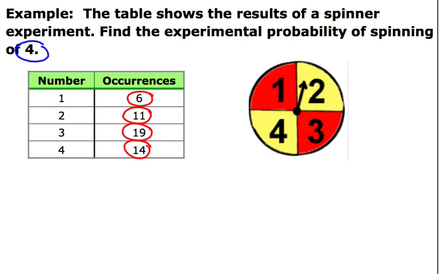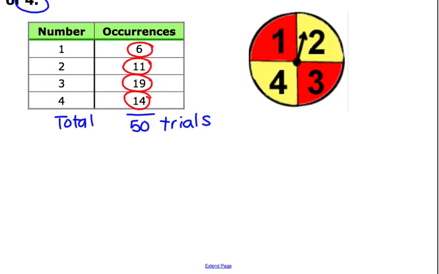So what we have to do is figure out how many times we actually went out and spun the spinner. So we have to total up this column. So we did 50 trials. We spun it 50 times, and that was our occurrences. Now we need to total up how many times it actually occurred.